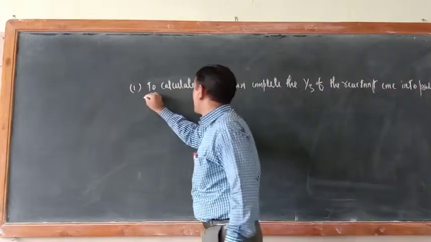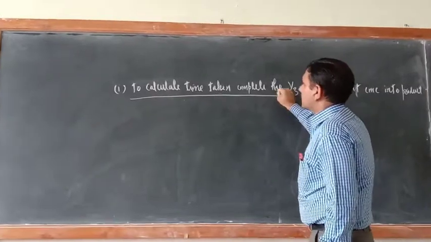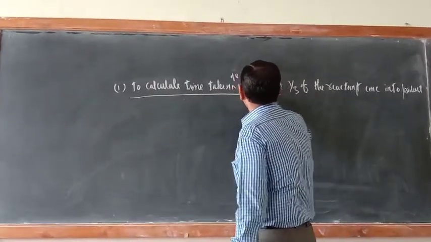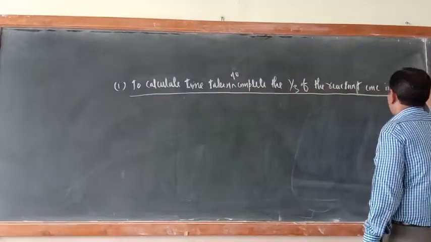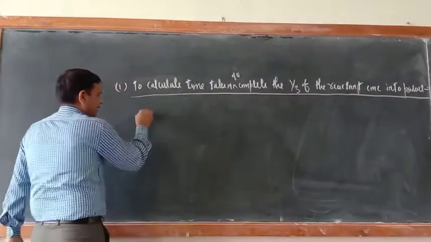To calculate the time taken to complete 1/3 of the reactant concentration into product. Means what is the time taken? So just try to understand what is our K.